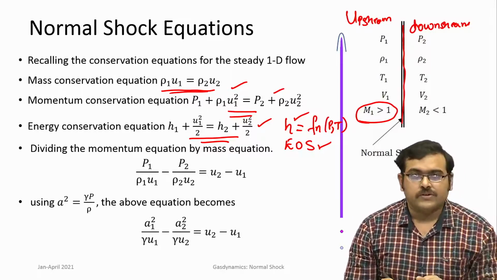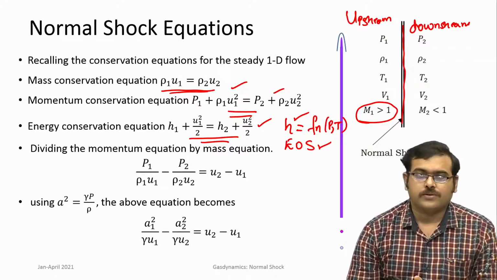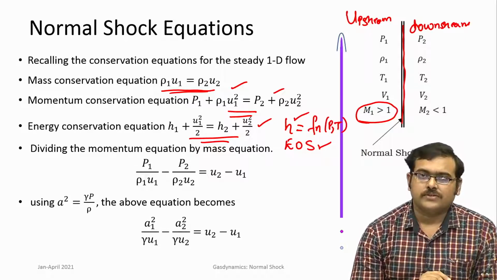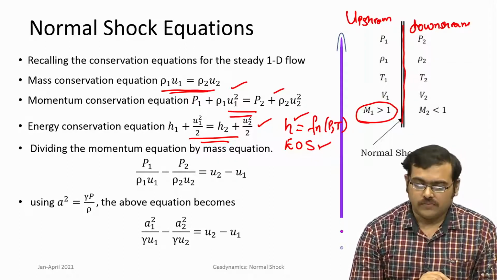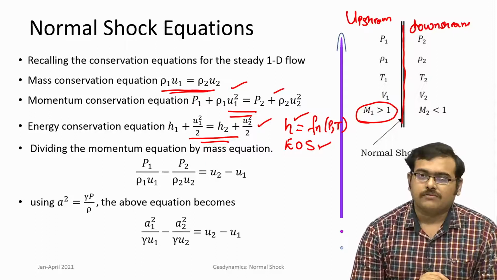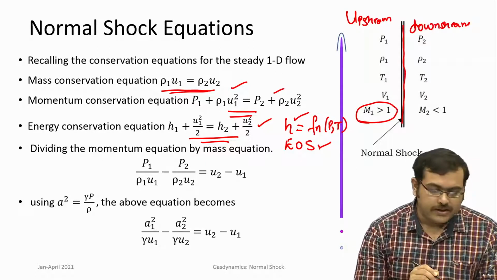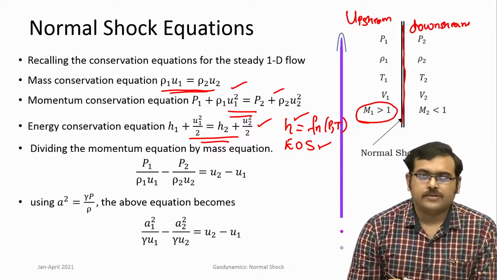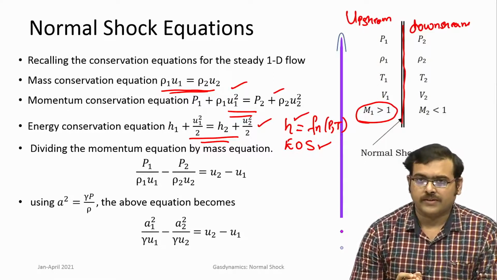So for this class we will seek closed form solutions, so we can understand something about the nature of these normal shocks, how they behave with changes in Mach number and so on. So we will take the assumption of a perfect gas and calorically perfect gas in particular, and let us go through the different steps to help us relate the various quantities.